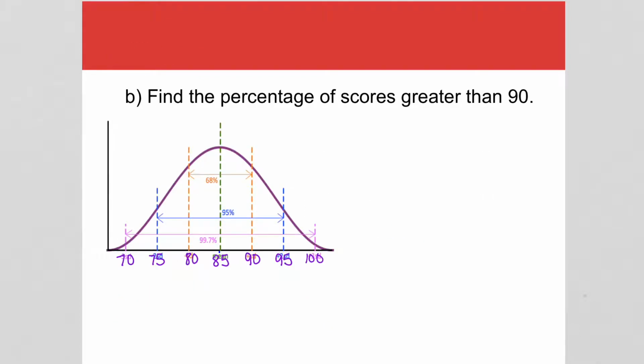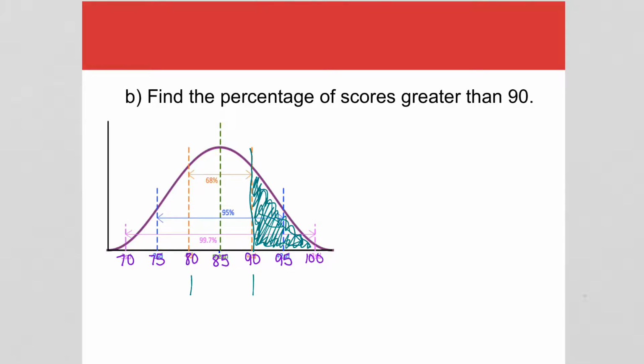For part B, we want to find the percentage of scores that are greater than 90. So here's 90. And so we want the scores that are only to the right of 90. In order to figure this out, we can use the fact that from here to here is 68%.